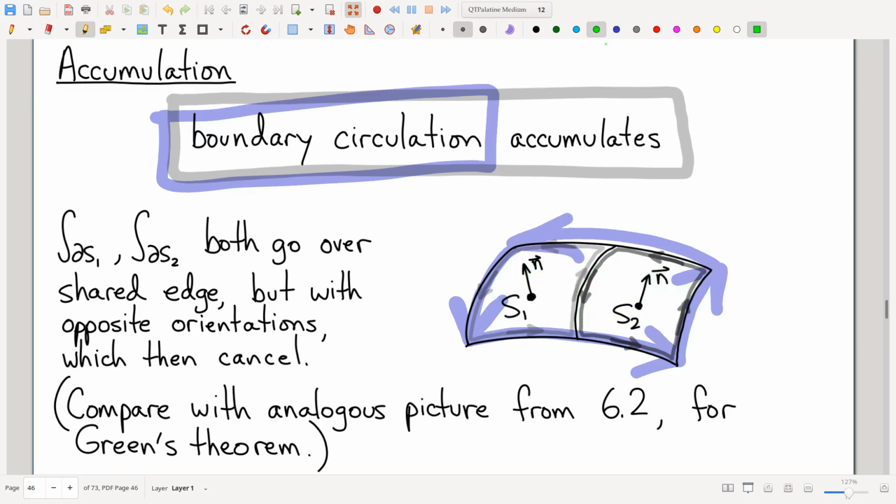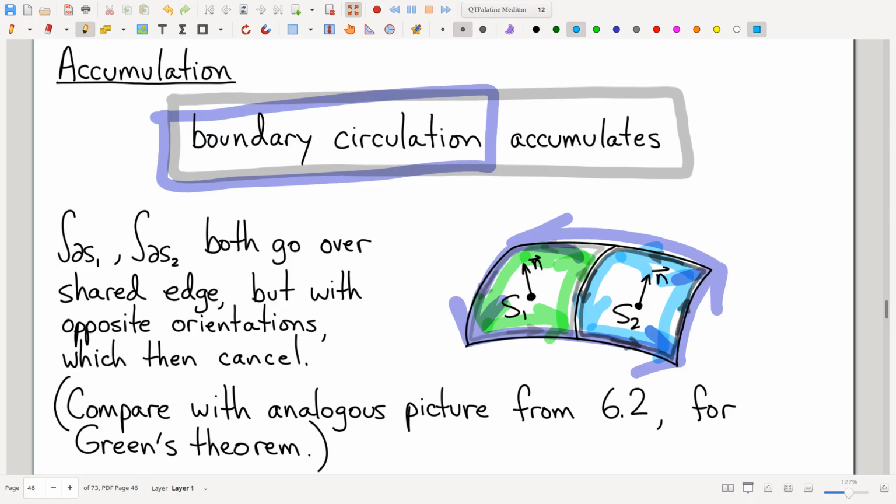Well, if you, on the one hand, were to look at the boundary circulation just on the left, and then if you were to look at just on the right, now notice I'm following the rule concerning orientation. So, loosely speaking, as seen from above with these normal vectors pointing up, counterclockwise, right?